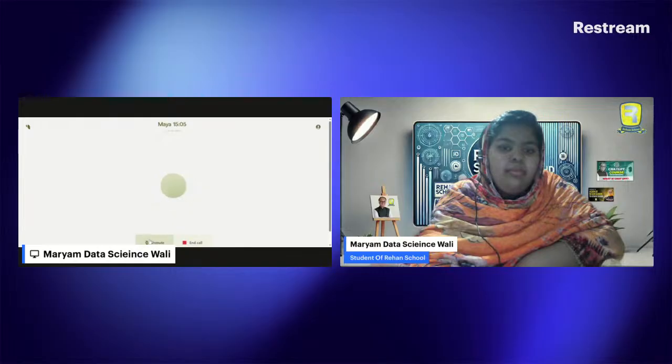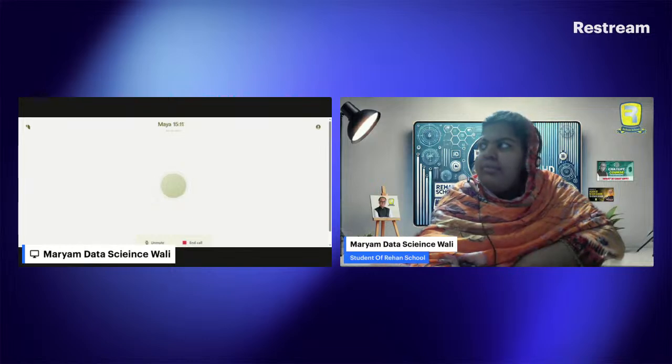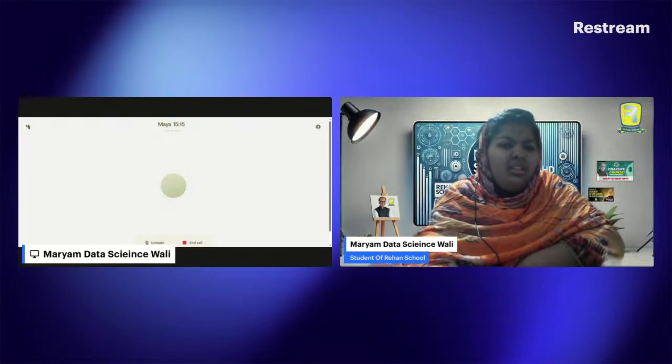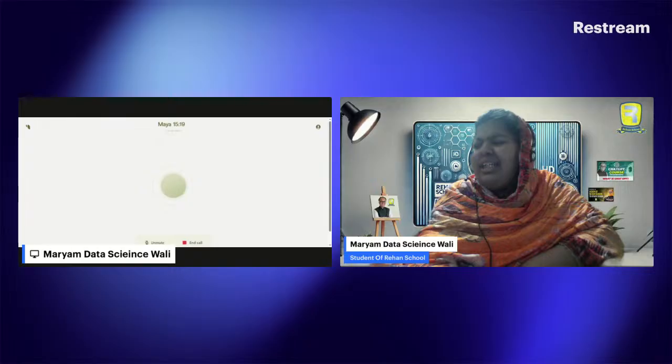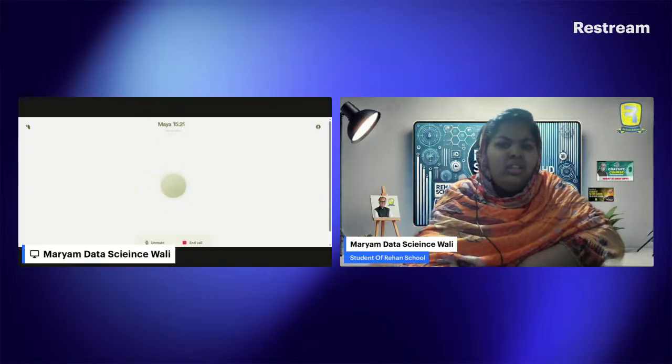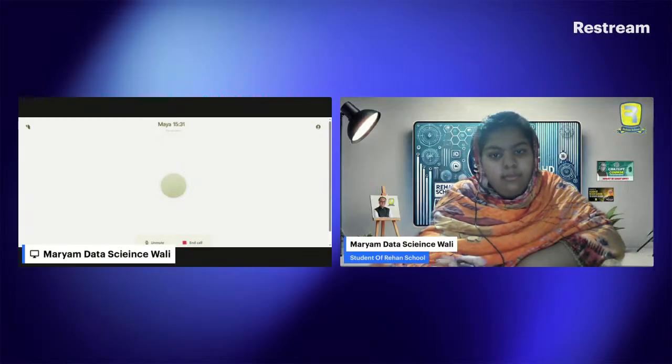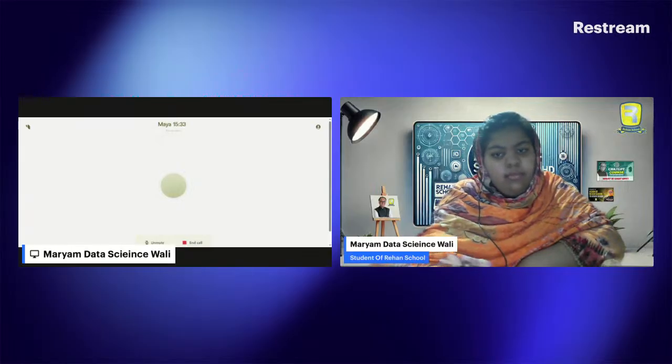Okay. The Bayes theorem formula is P of A given B equals P of B given A times P of A, divided by P of B. Let's break it down. P of A given B is the posterior probability, meaning the probability of event A happening given B. This is what we're trying to find. P of B given A is the likelihood, meaning the probability of event B happening, given that event A has already happened.